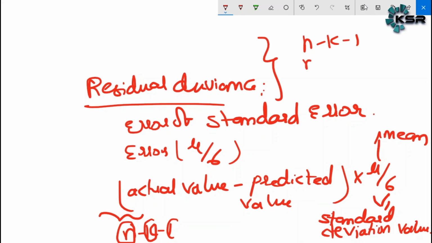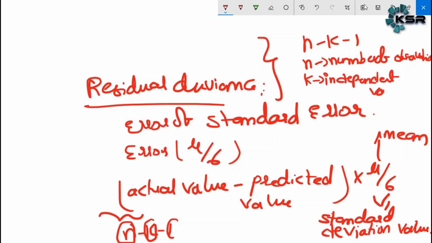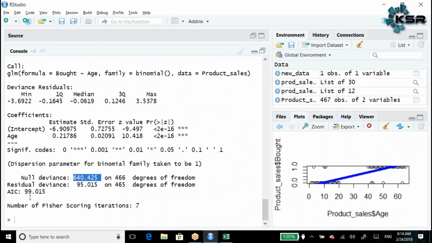N is the number of observations, k is the independent variables, and 1 is the one dependent variable. Here in our case it is n minus k minus 1, which gives 465.